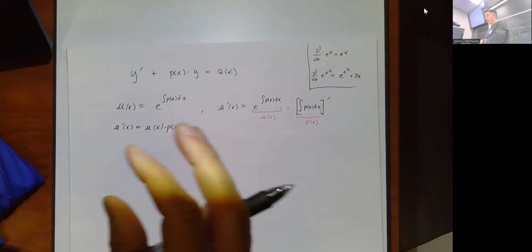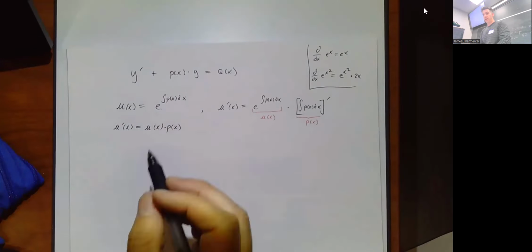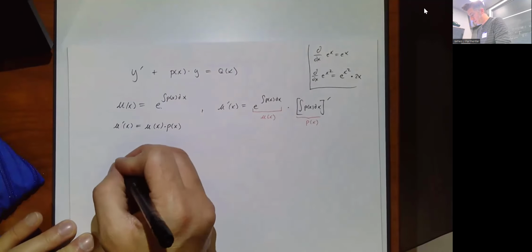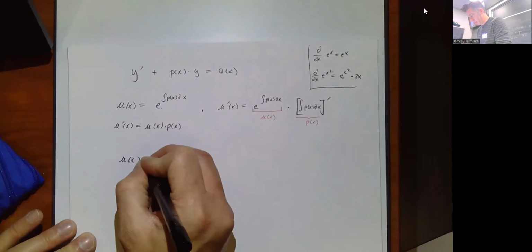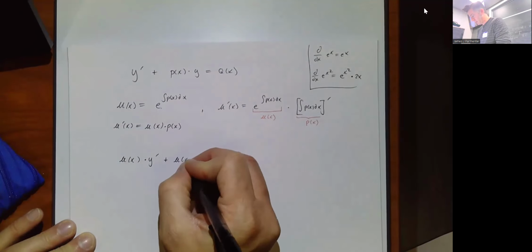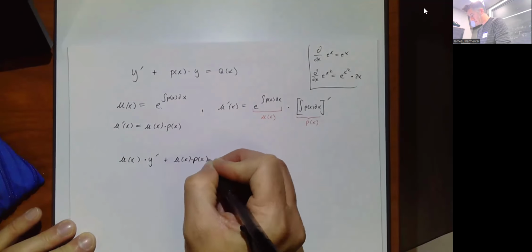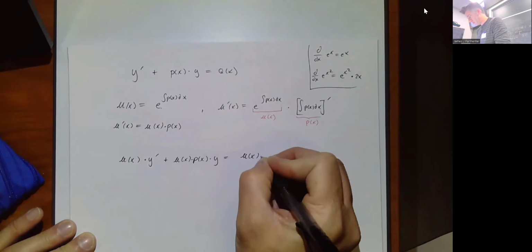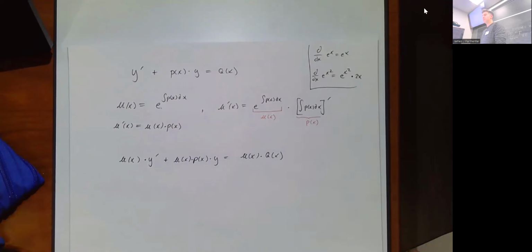Okay, so now we're going to multiply the entire equation up here by mu of x. So I'm going to get mu of x times y prime plus mu of x times p of x times y equal to mu of x times q of x. Okay, I'm going to rewrite it just slightly.